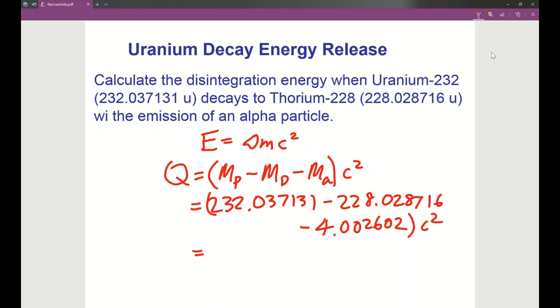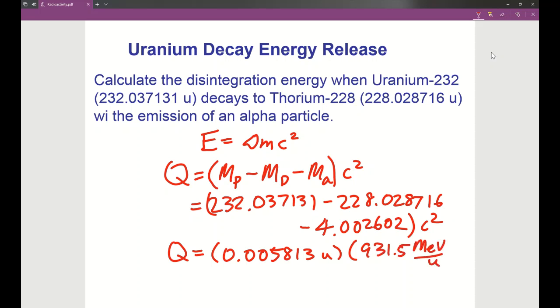And if we do this all out, we can find that this is equal to 0.005813 units. And since we know that to convert from units to atomic energy, we have to multiply it by 931.5 mega electron volts per unit, we know that the total disintegration energy will be around 5.4 mega electron volts. And there is our final answer.